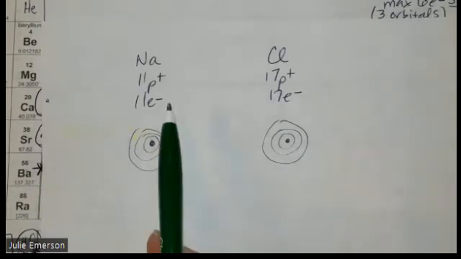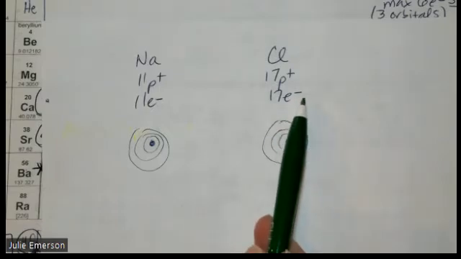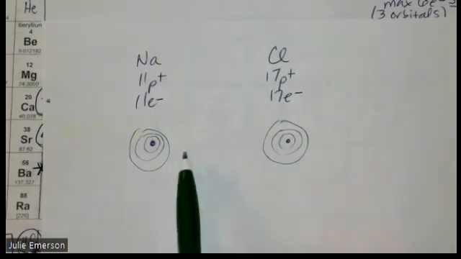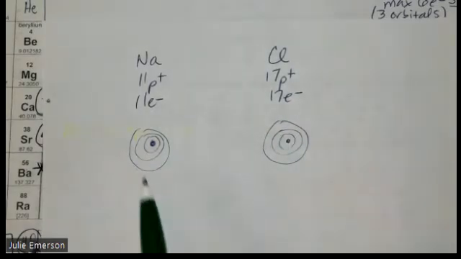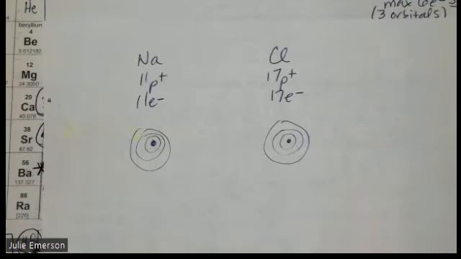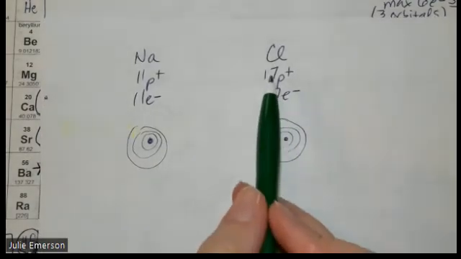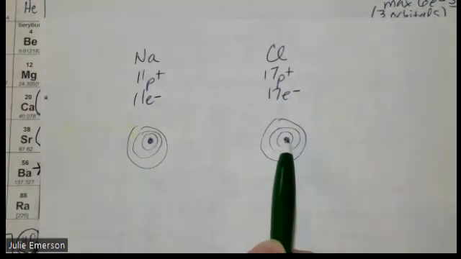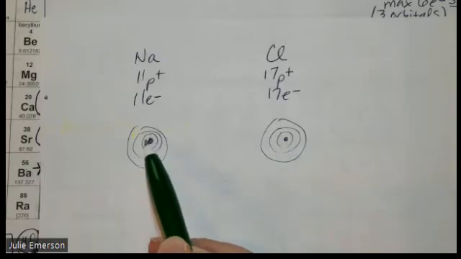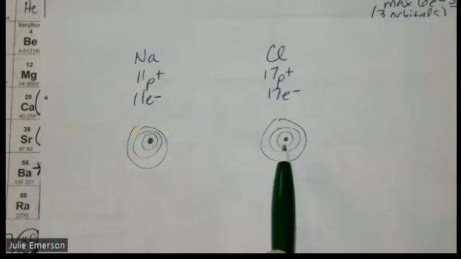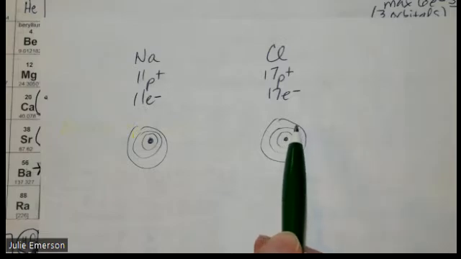So if I think about going across the periodic table to the right, even though both sodium and chlorine have electrons in the third shell, what's different is with chlorine, I have more and more positive getting in the center, in the nucleus, than I do with the sodium. Sodium only has 11 positive particles, but chlorine has 17. And what we know about positive particles and negative particles is they attract.